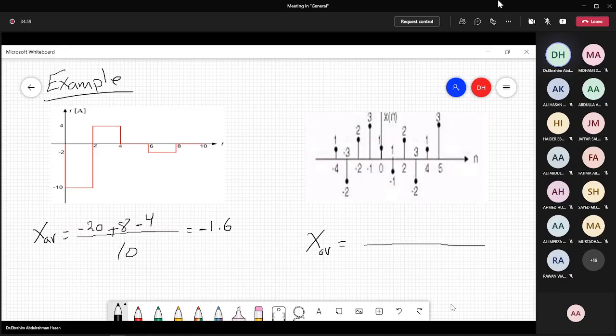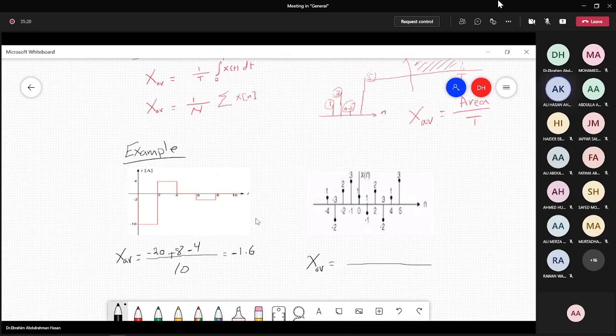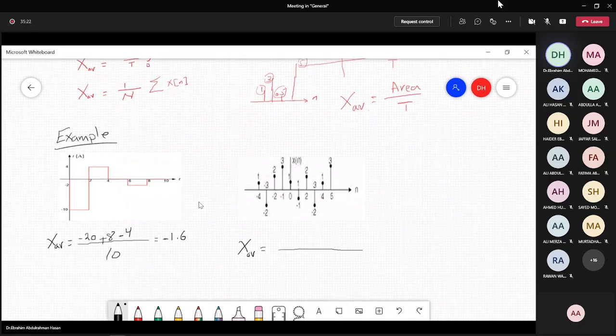What is the interval? Someone tell me, what is the interval? 10. Yes. Five. Yes. 5. Okay. 9.